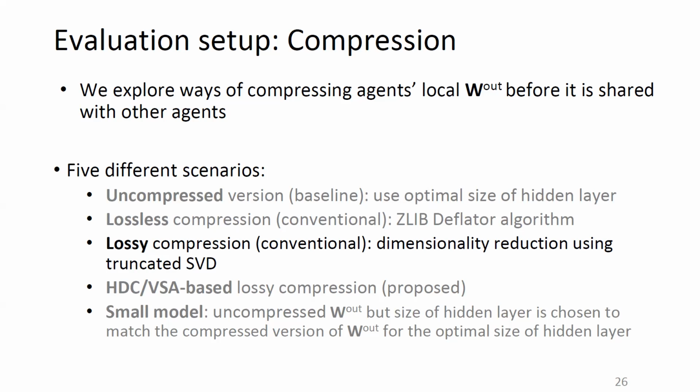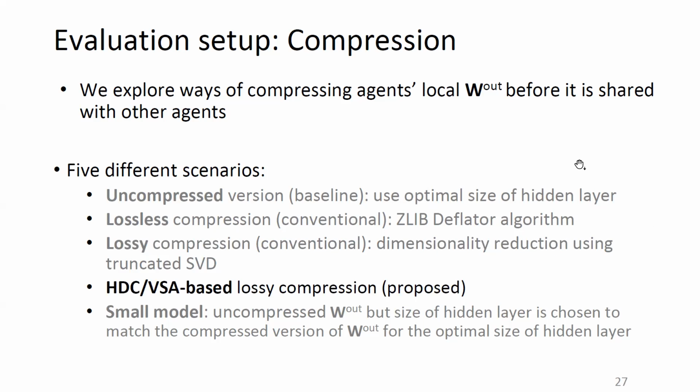In this case we truncated the eigenvectors to have a reconstructed matrix W out, which will bear some difference with the original one. By truncating it more or less, we were able to regulate this compression ratio. Then we have our lossy compression, which is the one that I just explained using HD computing.